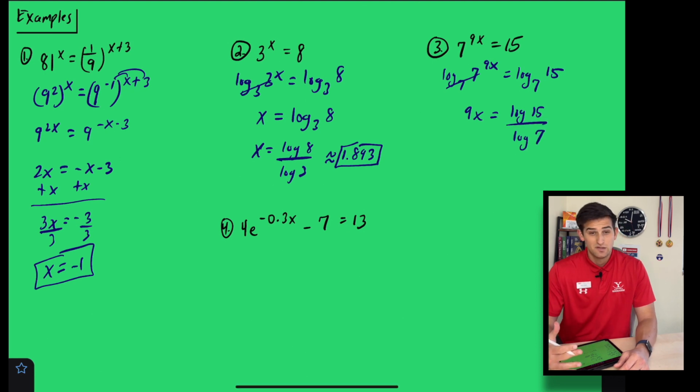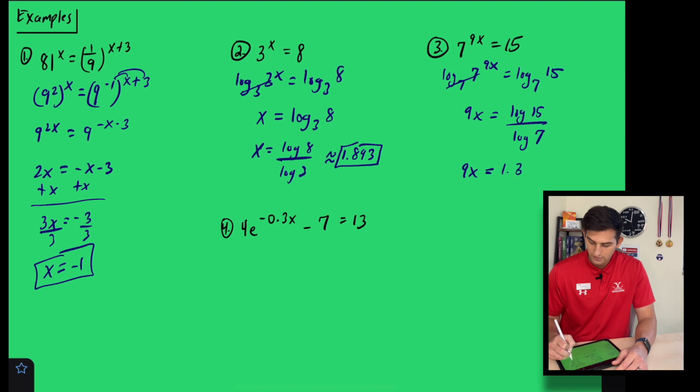If you check out that change of base formula video, you'll notice that we could also use natural log: ln of 15 divided by ln of 7 will give us the same thing. I'll do that one, and that gives me 1.39. I'm not going to round it in my calculator just yet, because I do want to divide that by 9 to get my final answer.